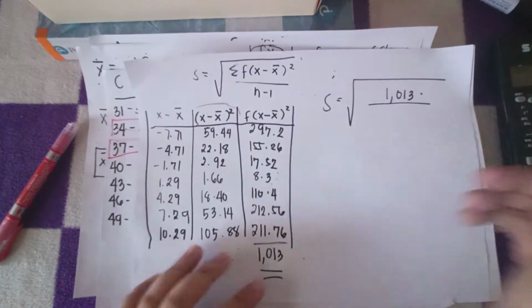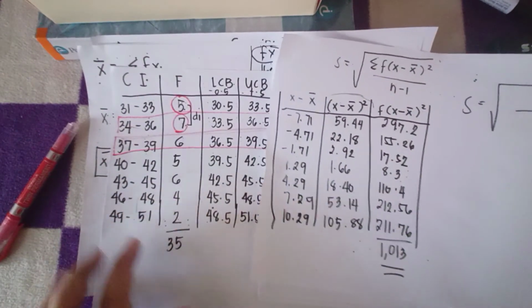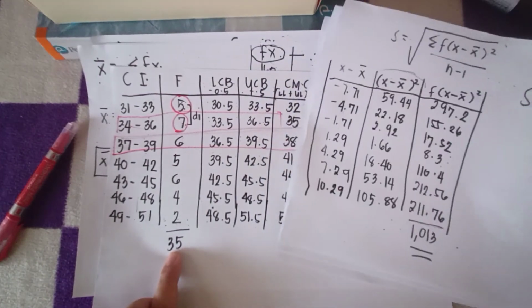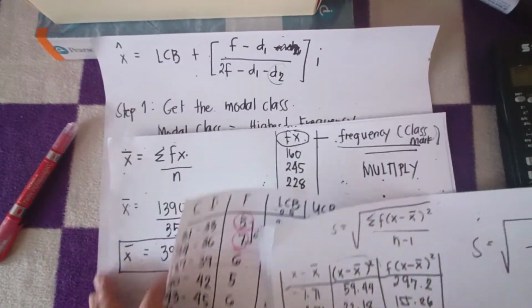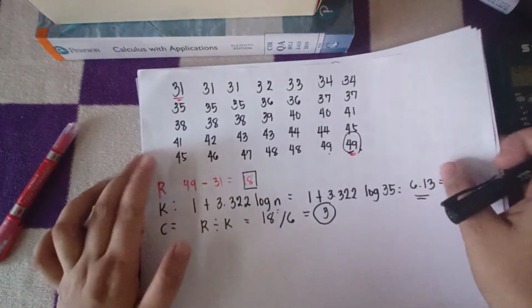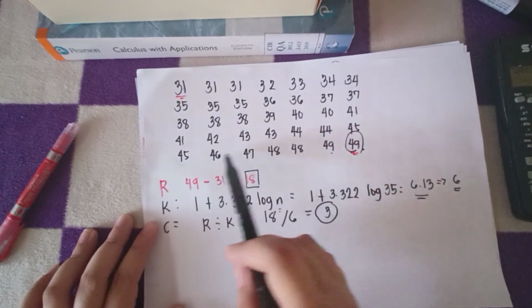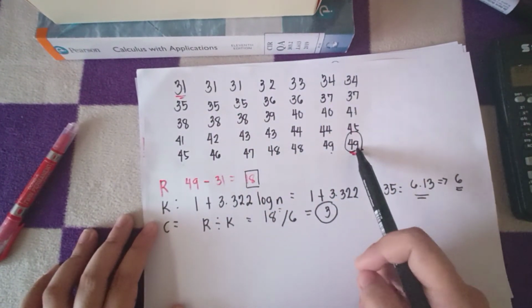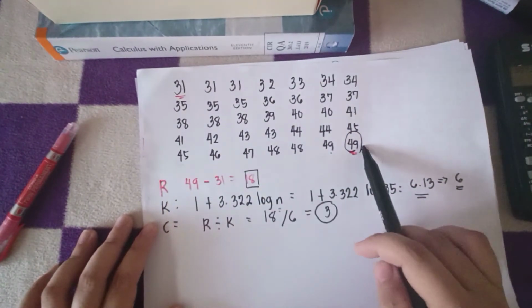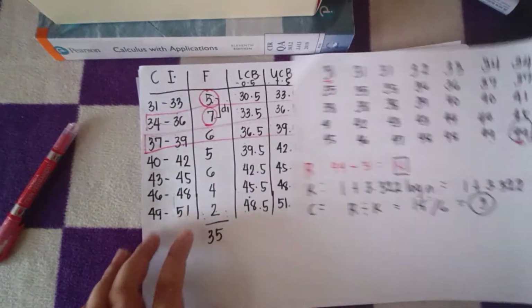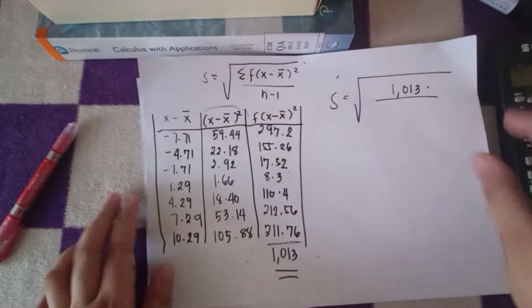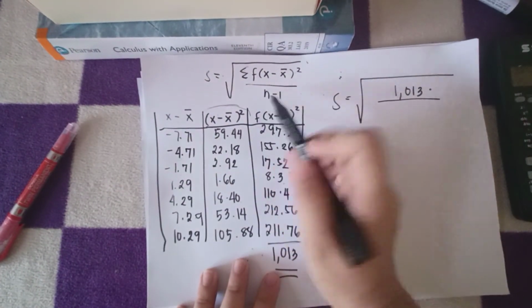Then, n minus 1. Ano po ba yung n natin? Dito sa given ay 35. Bakit 35? Ito po yung ating data, di ba? Ilan po lahat yan? Pag bilangin mo, 35. Total frequency. So, therefore, yung ating n is 35.